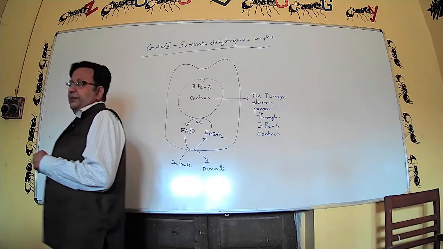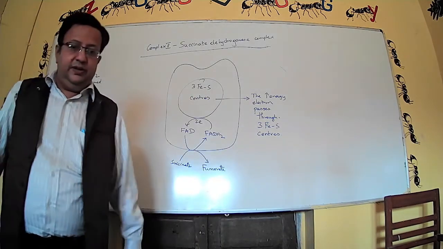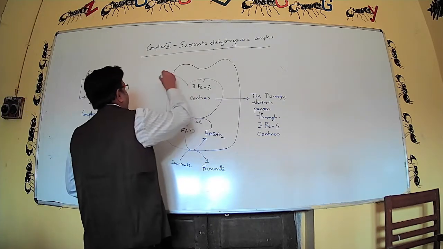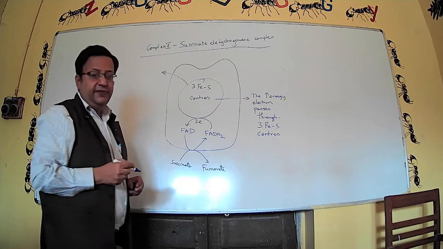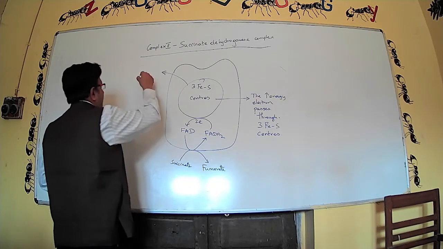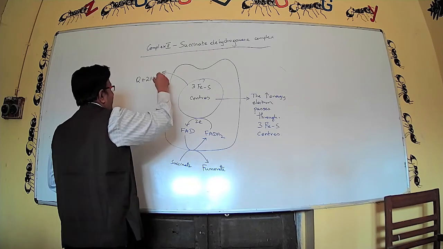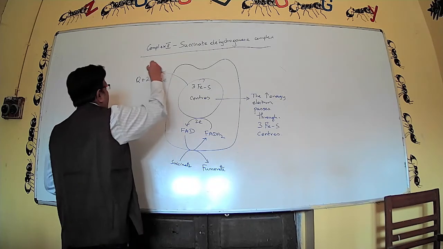It loses some energy in the process, of course, and this electron finally finds another Q plus 2H plus 2 electrons.